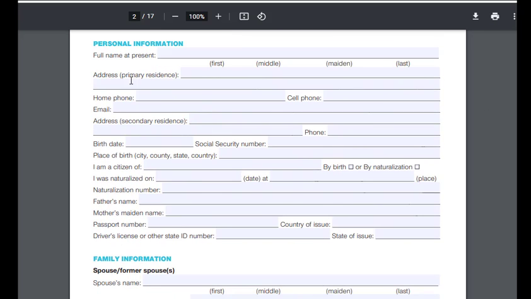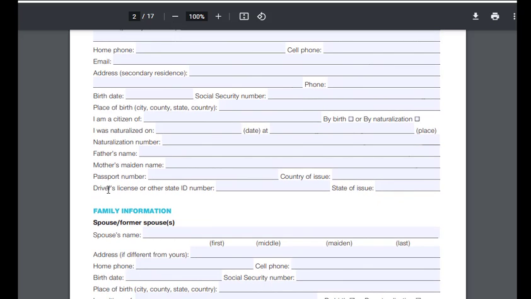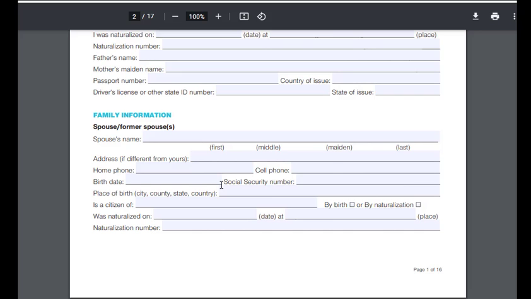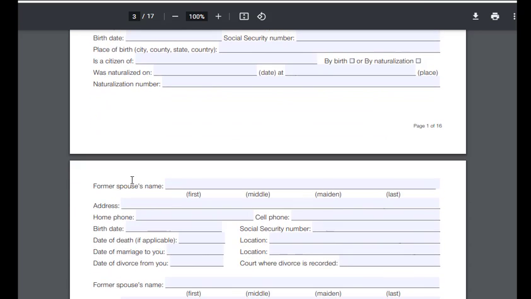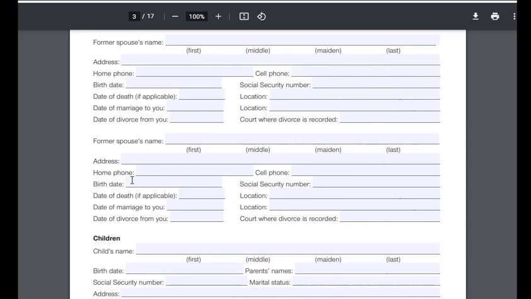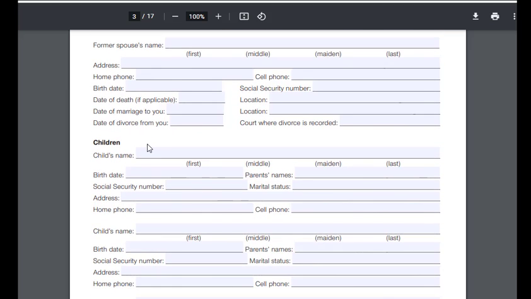As you can see, address, social security number, citizen, naturalization number if you are naturalized into the United States, passport, driver's license information, and then family information of this spouse or former spouse, same type of information, date of marriage, date of divorce. Hopefully you don't have to fill that in, but it's there if you need it.